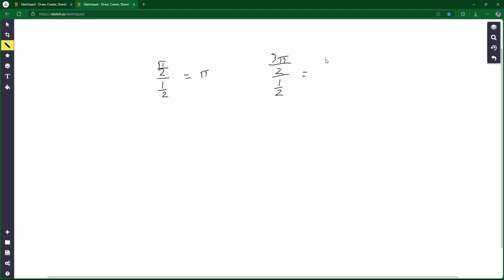That's just going to equal, let's see, 3 pi over 2 times 1, which is going to be equal to, these cancel out, it's just going to equal 3 pi.